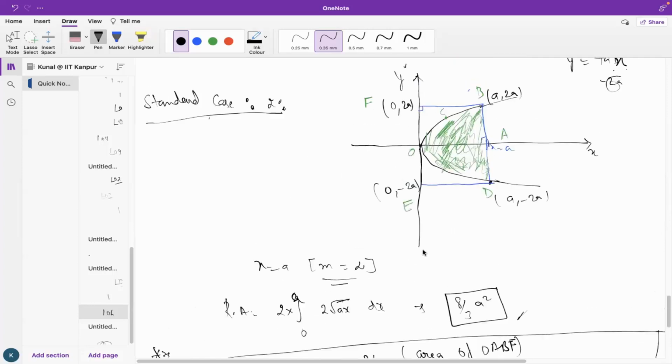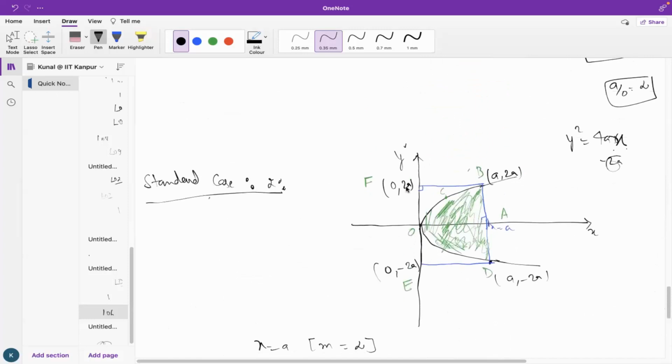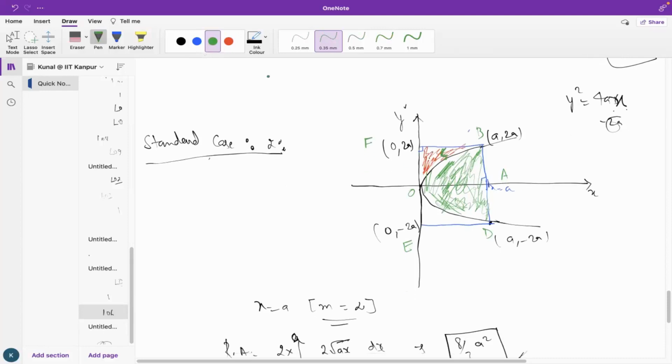And the last thing is area of OFCO is equal to, this is like OFCO, this region. Let me color it with red color. I think that could be fine. So this region. And let me write C by some dark color so it will be visible to you. Okay.